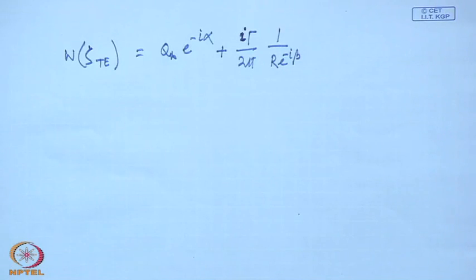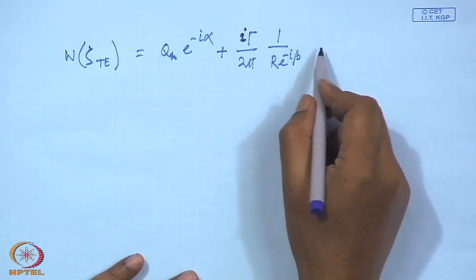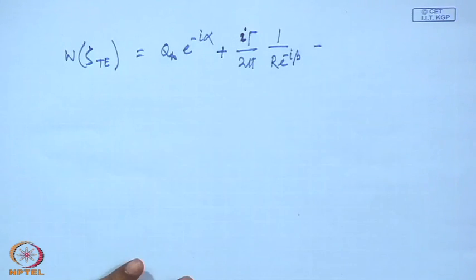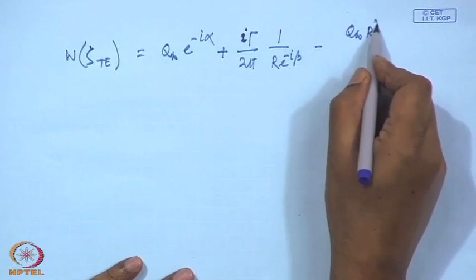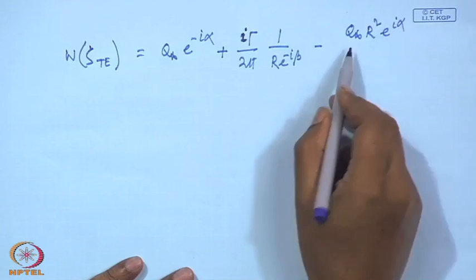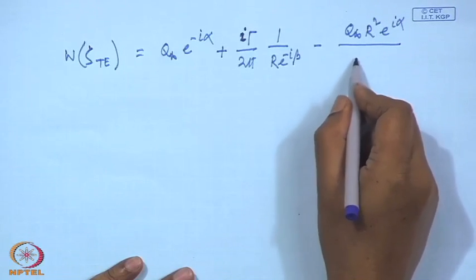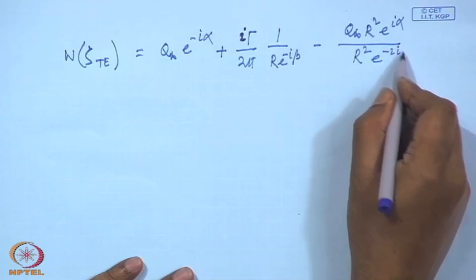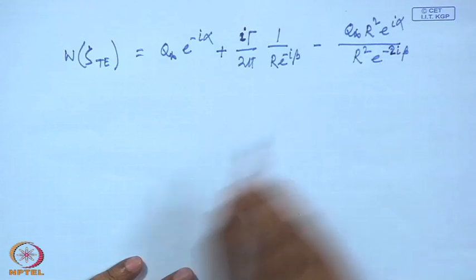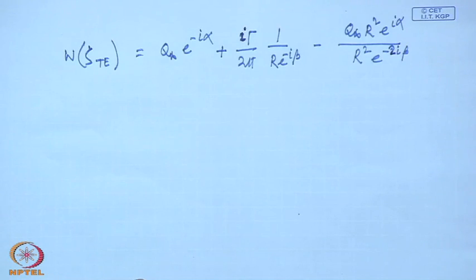The second one, write everything: q infinity r square e to the power i alpha, r square e to the power minus 2 i beta. Now, according to the Kutta condition, this is 0.